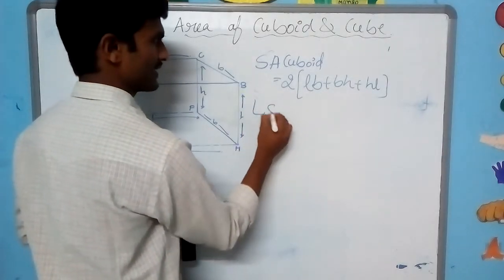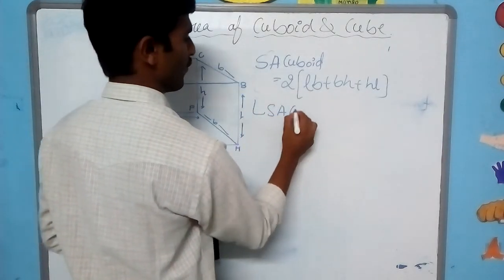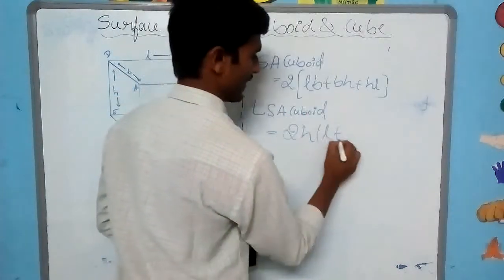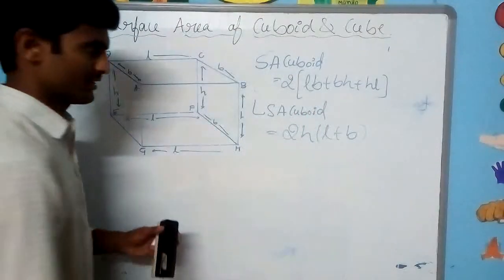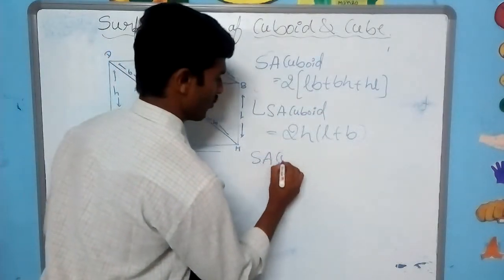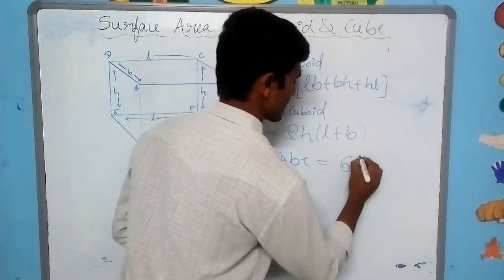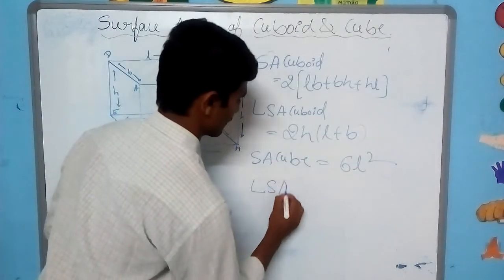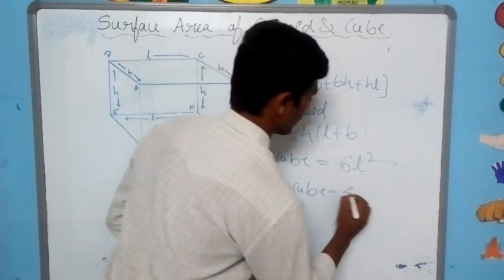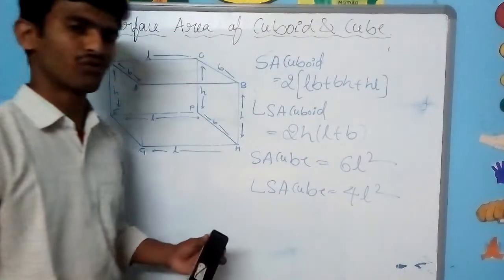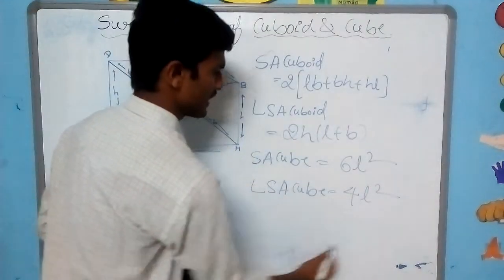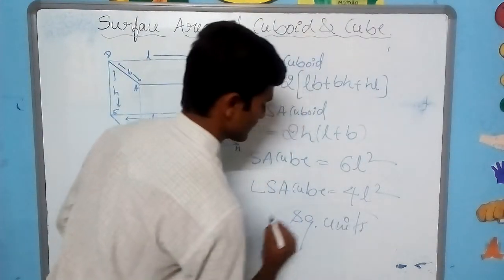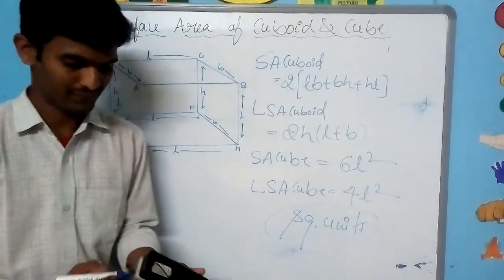Now the lateral surface area of the cuboid equals 2H into L plus B. Then the surface area of the cube equals 6L square or 6 side square. And last, the lateral surface area of the cube equals 4L square. All the areas you should express in square units. This is the unit of the area.